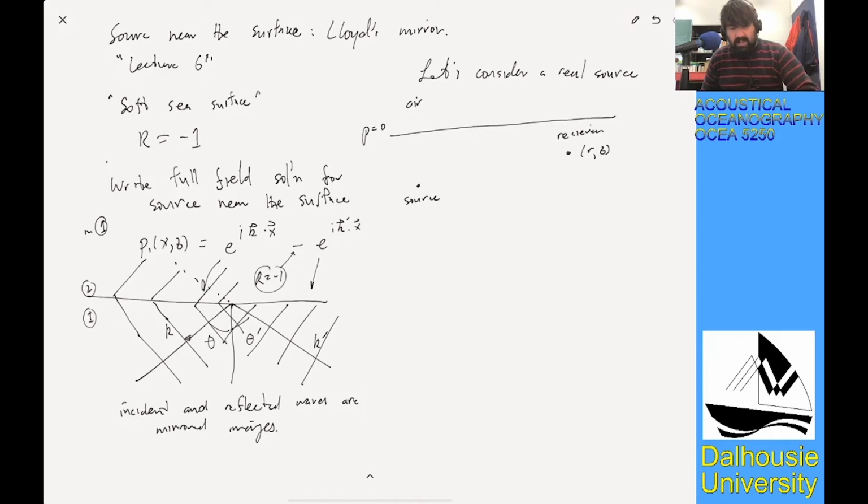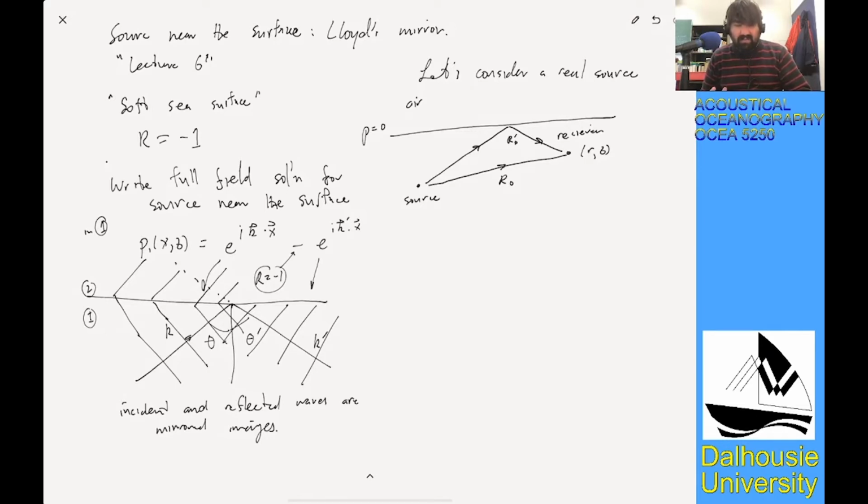And we can consider multiple paths, a direct path, for instance, of travel, a reflected path here. We will call that, I don't know, R naught prime.